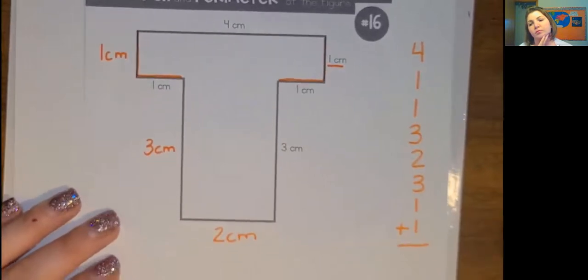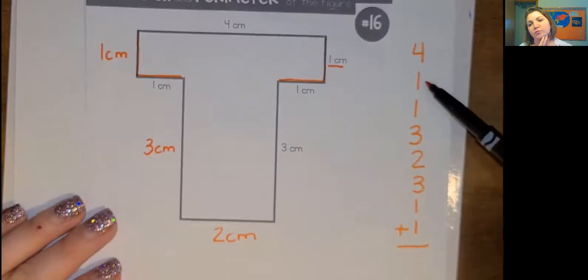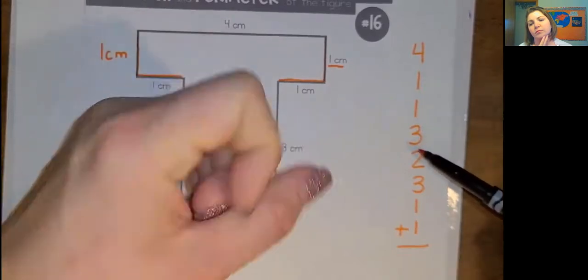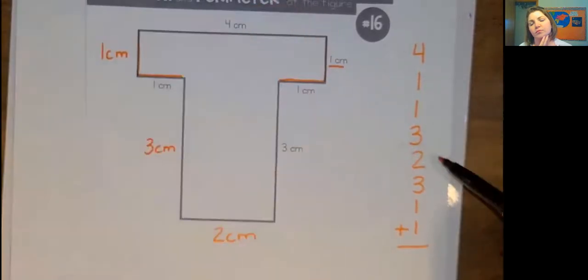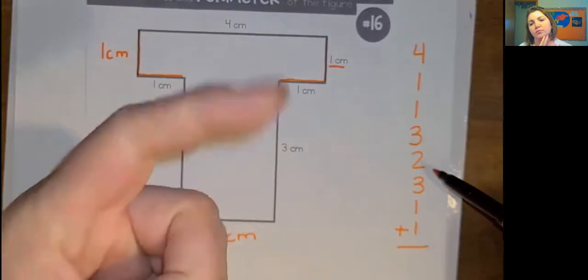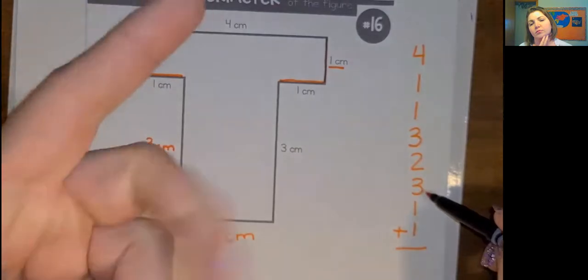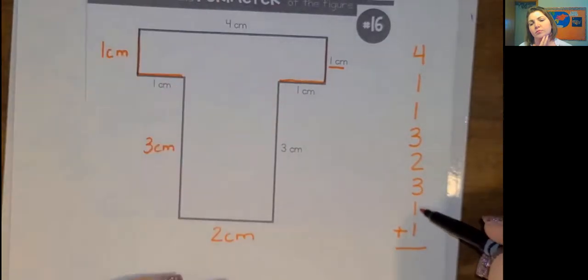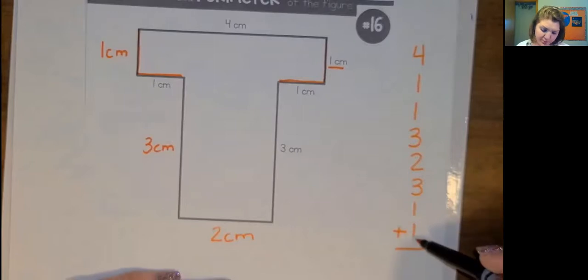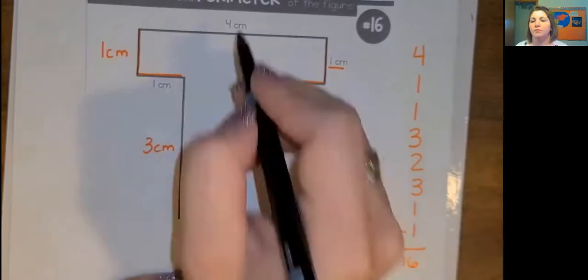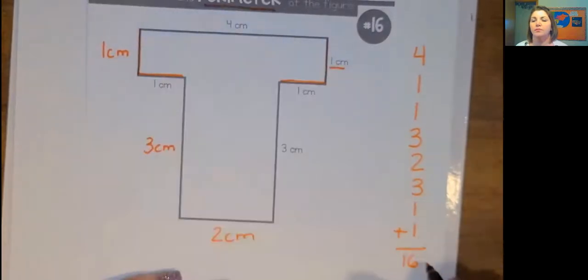And when we add all of those together, 4 plus 1 is 5, 5 plus 1 is 6, 6 plus 3, 6, 7, 8, 9, 9 plus 2, 10, 11, 11 plus 3, 12, 13, 14, 14 plus 1 is 15, and 15 plus 1 is 16. So our perimeter is 16 centimeters.